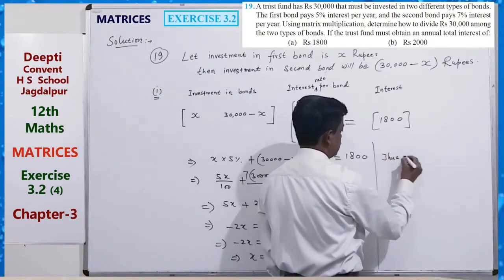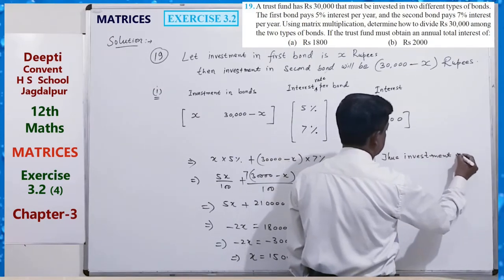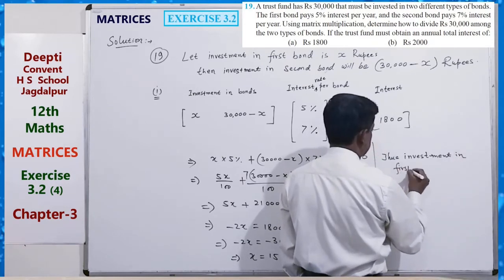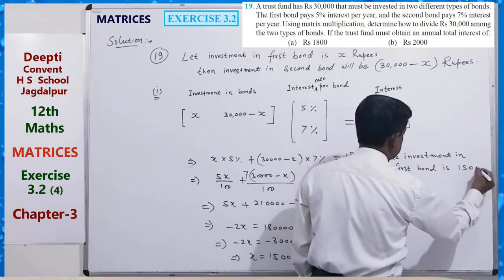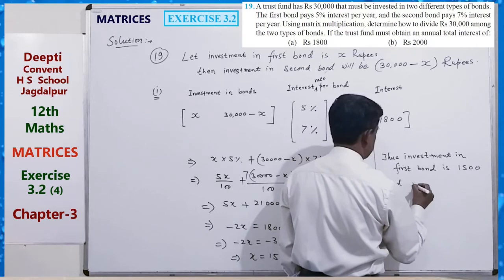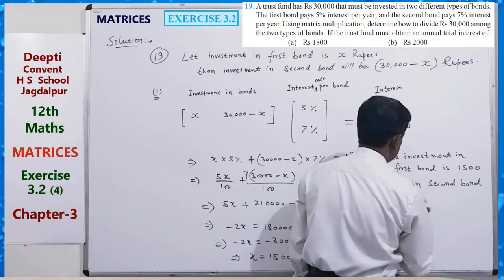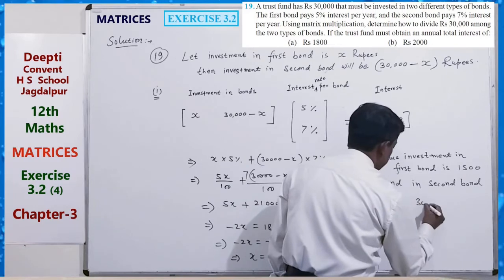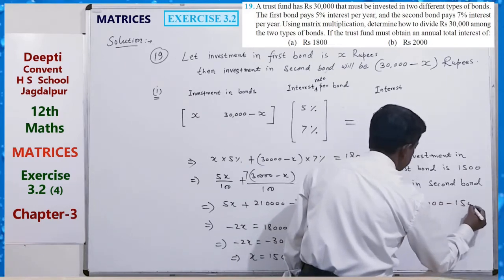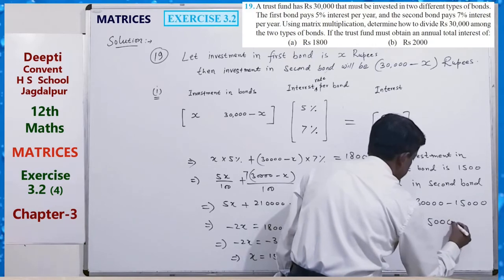Thus the investment in the first bond is 15,000, and in the second bond it is 30,000 minus 15,000, which equals 15,000.